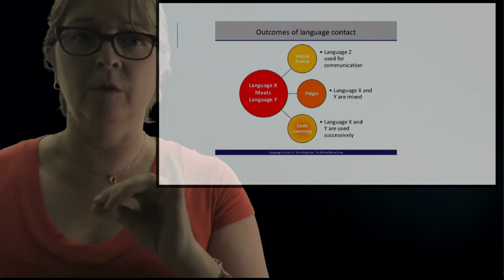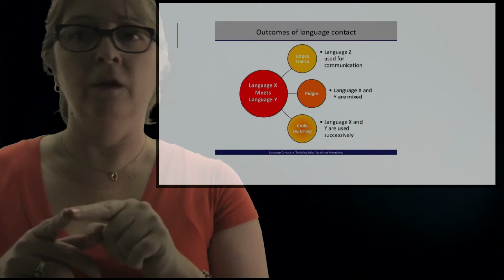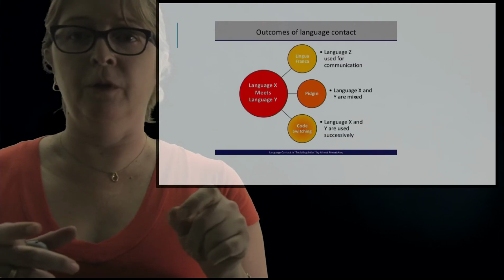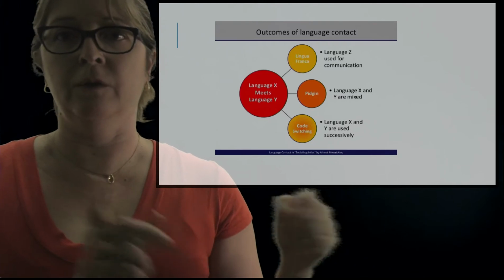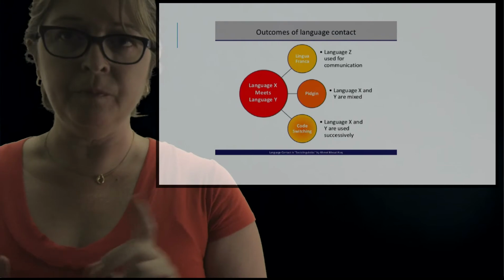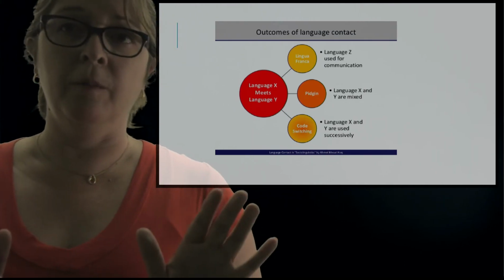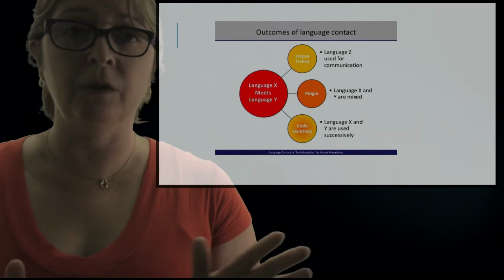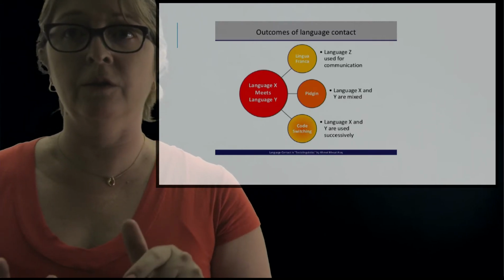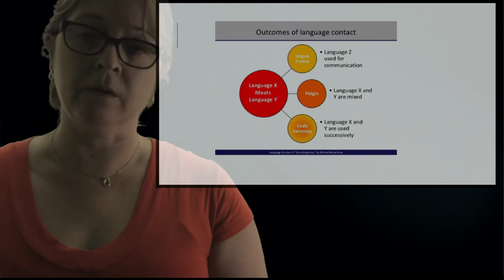So using some of one language and some of another language, or using all of one language for a period of time and then all of another language. So X and Y, and just switching between those. That would mean that people in that certain community would need to be fluent in both. Yeah. X and Y.